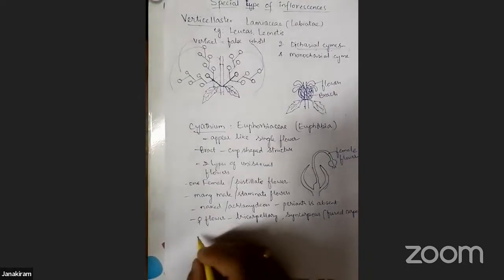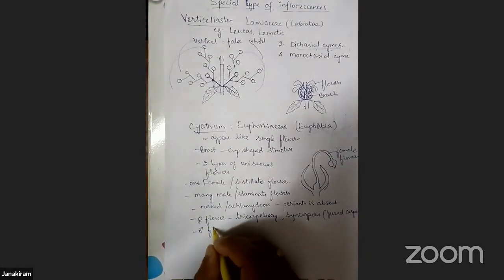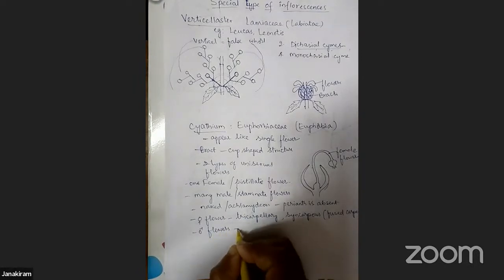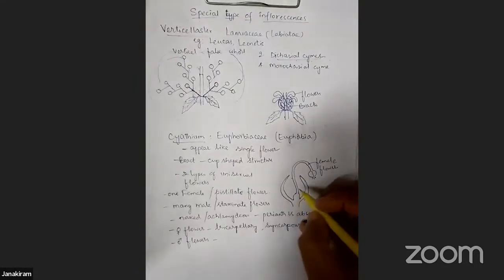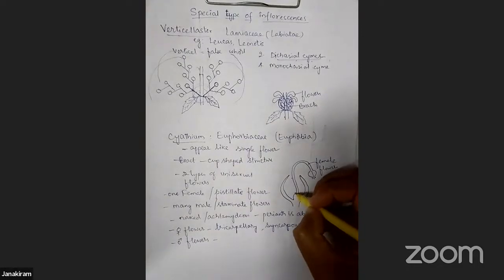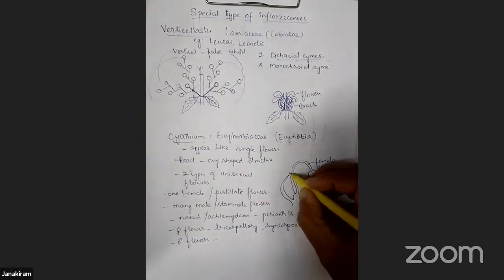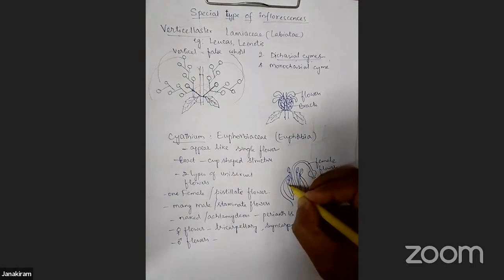And coming to the male flowers. Male flowers are arranged around the female flower like this, and they appear to be like stamens. The structure appears like stamens. Don't get confused with the structure here, but they are representing the male flowers. All these are the male flowers.